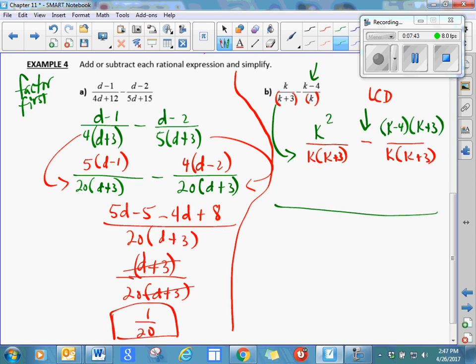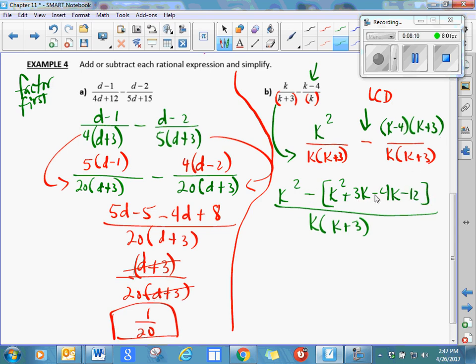So we have a common denominator. That's easy. We've got this k squared. And now I'm going to do this double distribution, and I'm not going to worry about this negative sign until I get this double distribution done. So that's going to be k squared plus 3k minus 4k minus 12.